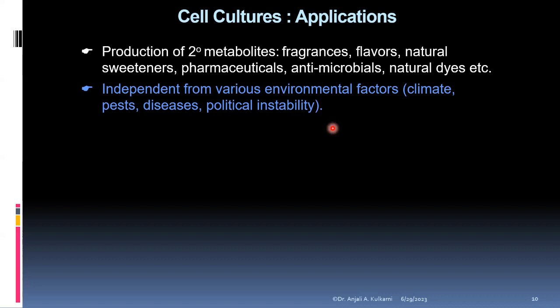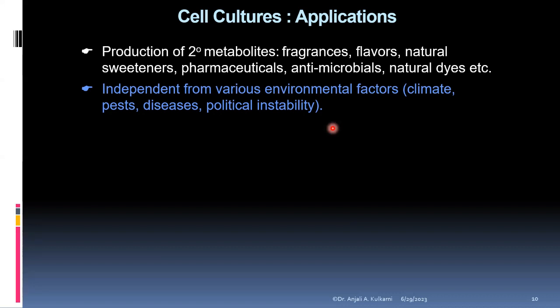Many consumers are becoming aware that while producing these entities, no climate damage has happened. So you want to produce these secondary metabolites in a climate friendly manner, and tissue culture is one of the best ways in which you can do that.